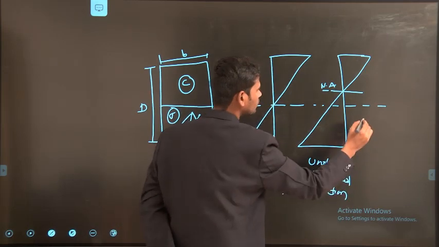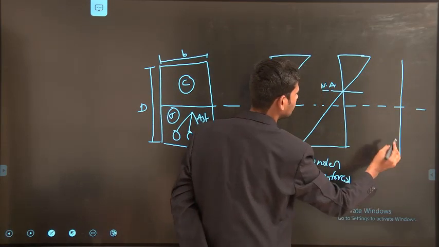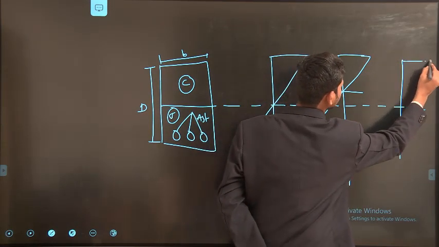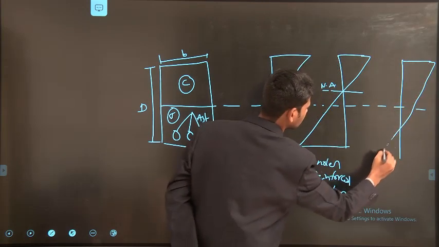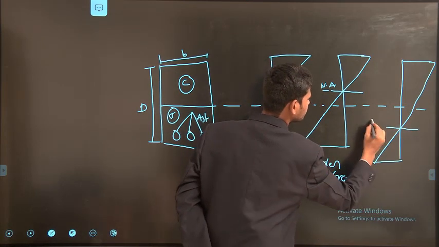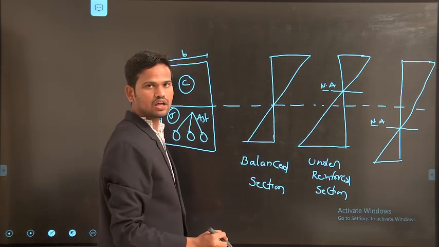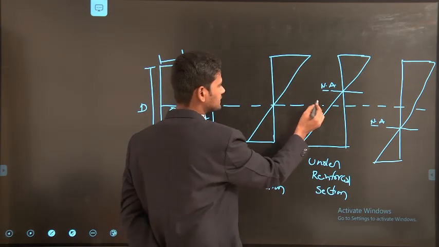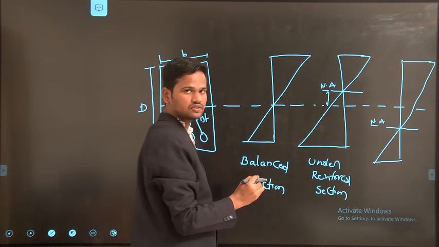And again, if you take one more section, that is the over reinforced section. If you observe here for the over reinforced section, the depth of the neutral axis we are giving will be below the actual depth of the neutral axis. For the under reinforced section, the depth of the neutral axis is above the balanced section.